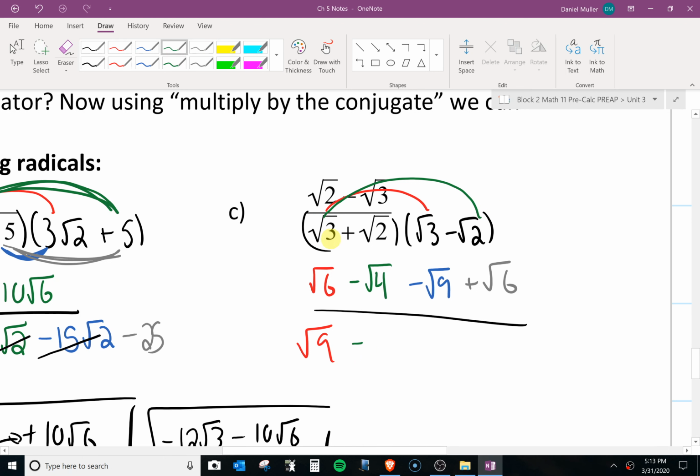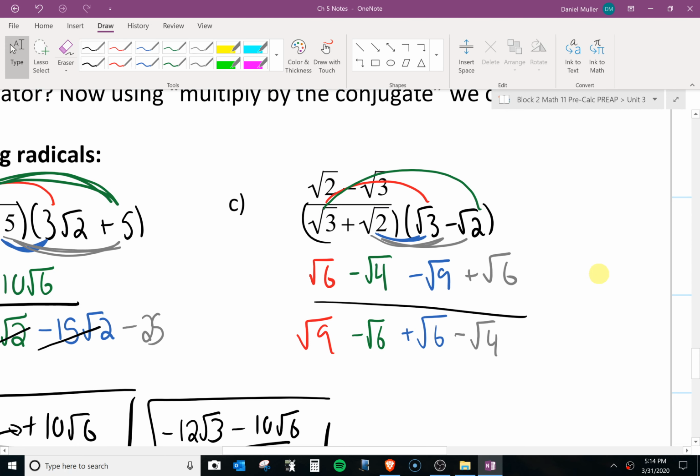So both inside numbers, 3 and 2, are going to be 6. And then I've got these ones. Also, the inside numbers, 2 and 3, are going to be 6. And lastly is that. It's going to be a negative, negative there, and 2 and 2 are both inside numbers, so 4.